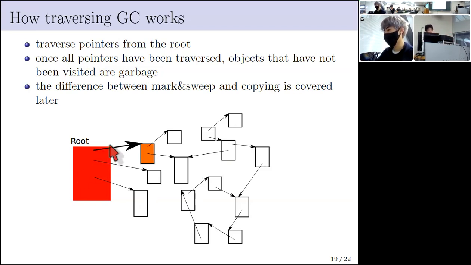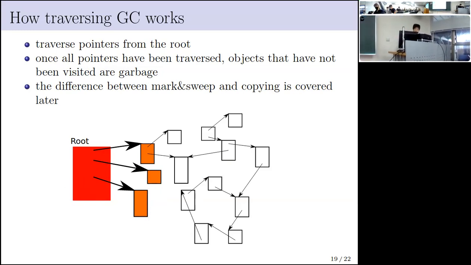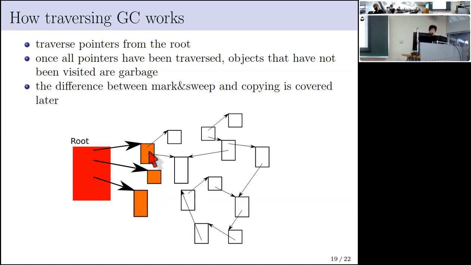Starting from the root, it traverses all the pointers in the root, just like this, and marks these objects as visited. These are obviously a part of the reachable objects, but they are not the only reachable objects.